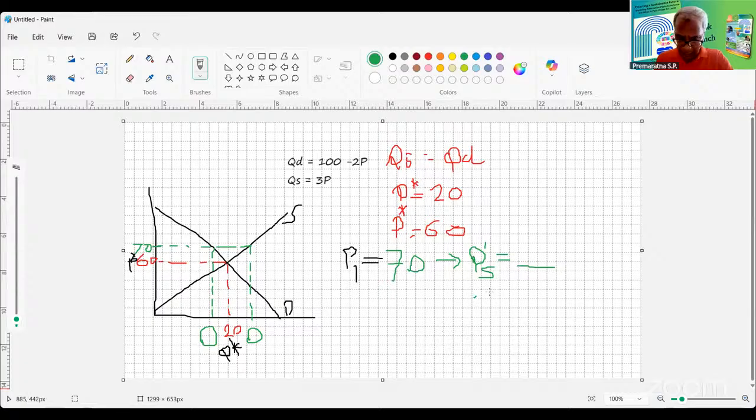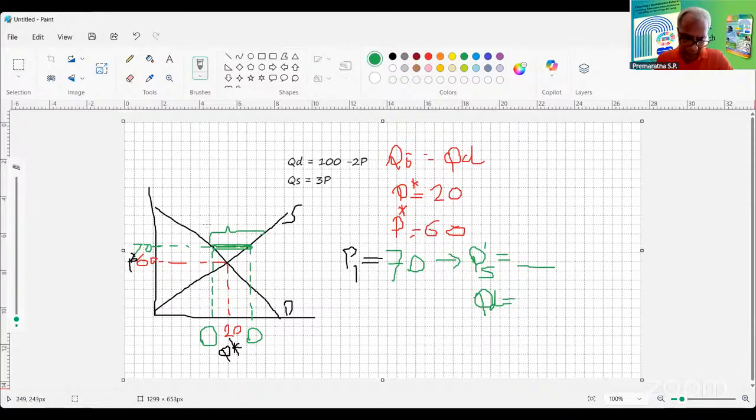The demand, I did not calculate here, you can do that. At the 70 price, it becomes less than somewhere here. This here, what you see here, we call the excess supply.